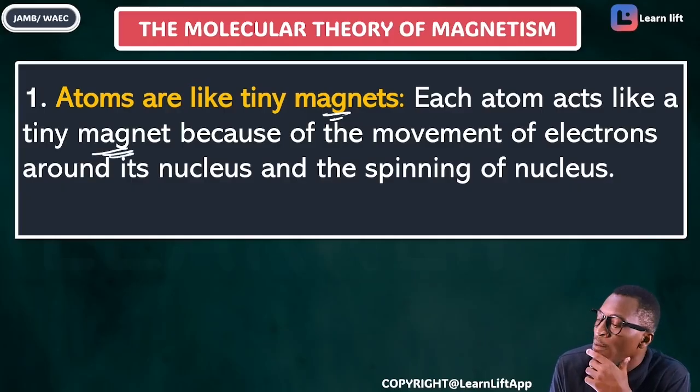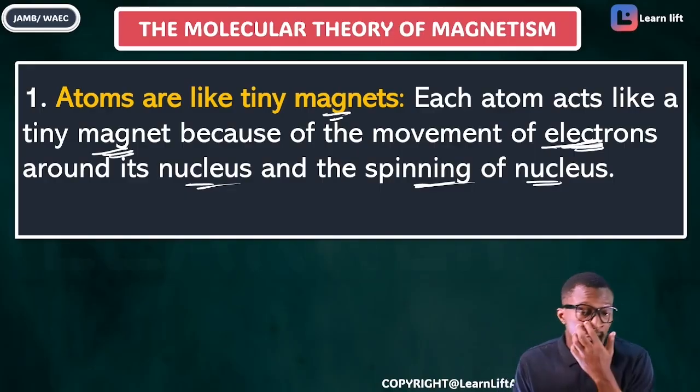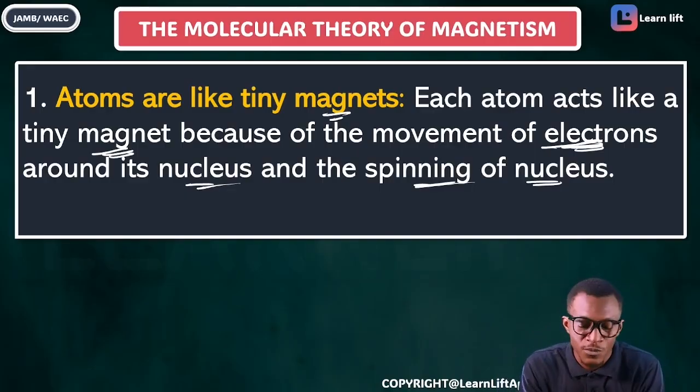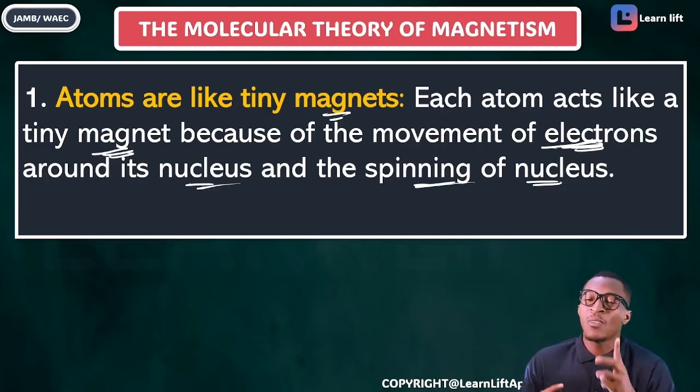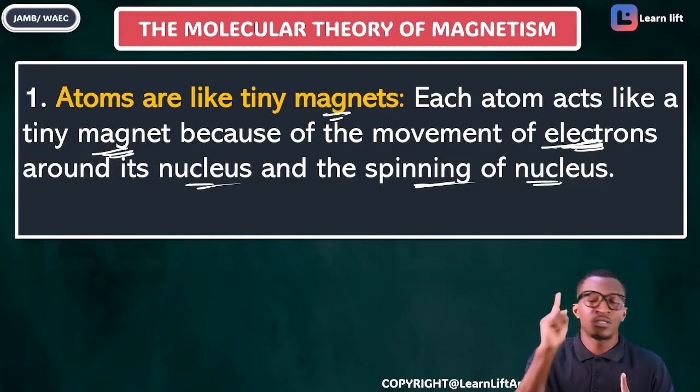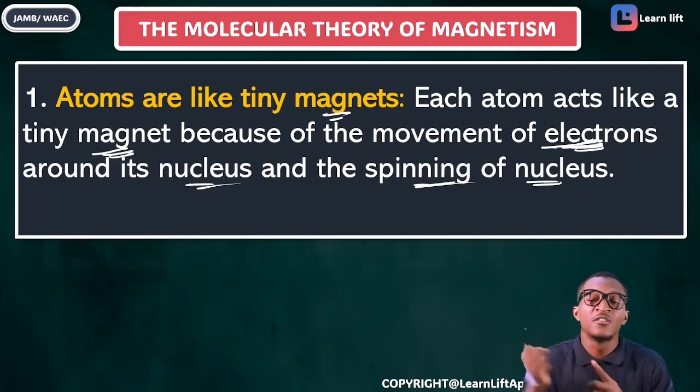Why? Because of the movement of what? Electrons around the nucleus and the spinning of the nucleus. Look at two things. The reason why we say that atoms attracted by magnets have that magnetic property is, number one, the revolving electron. The electron is moving around the nucleus, so we call it a revolving electron.